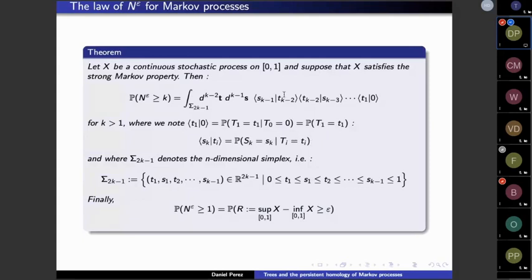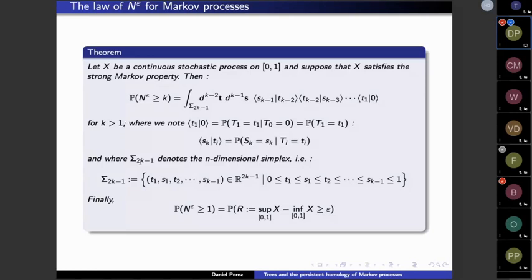And I chose this notation because it's easier to write the integral in this way. But essentially, you have a very similar formula. It's just the densities change. And so this formula here is valid for all k strictly greater than 1.